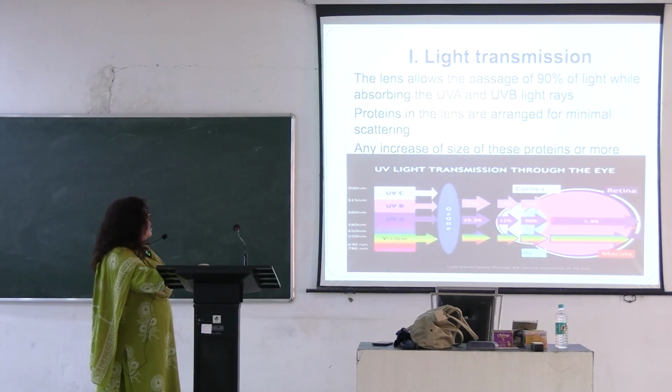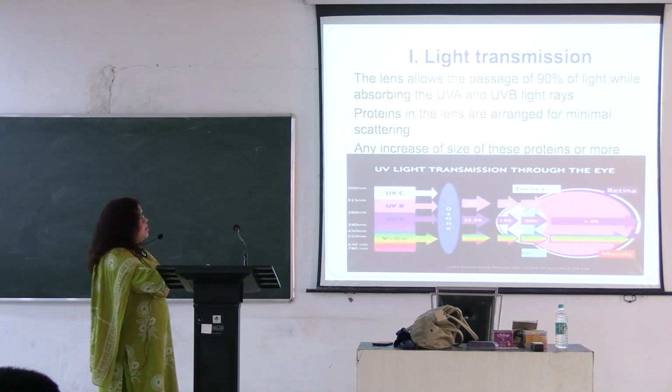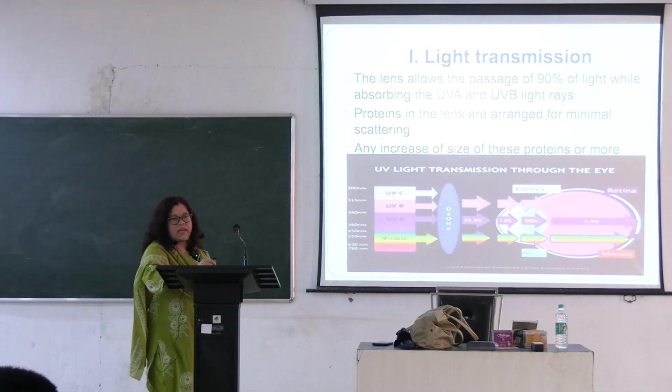The lens allows 90% of the light and absorbs ultraviolet A and ultraviolet B rays, and the proteins in the lens are arranged to give minimal scattering.